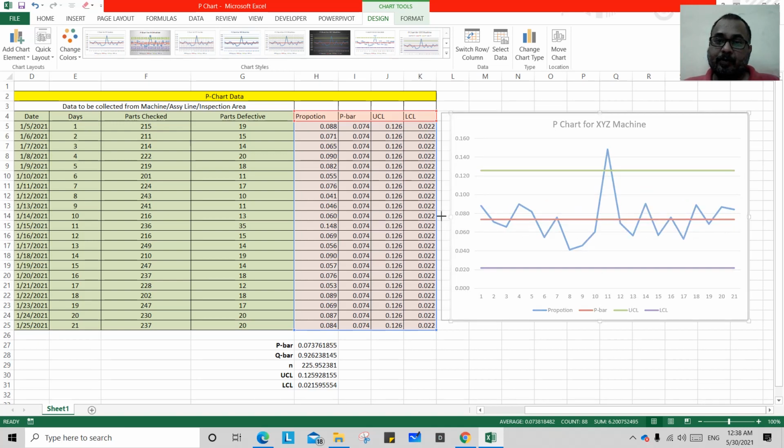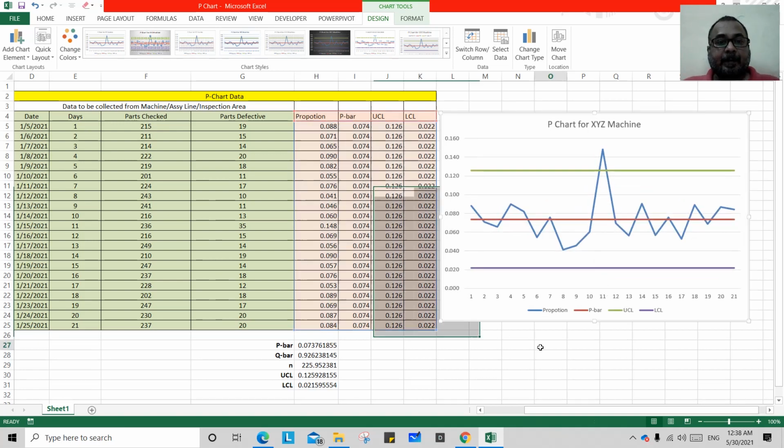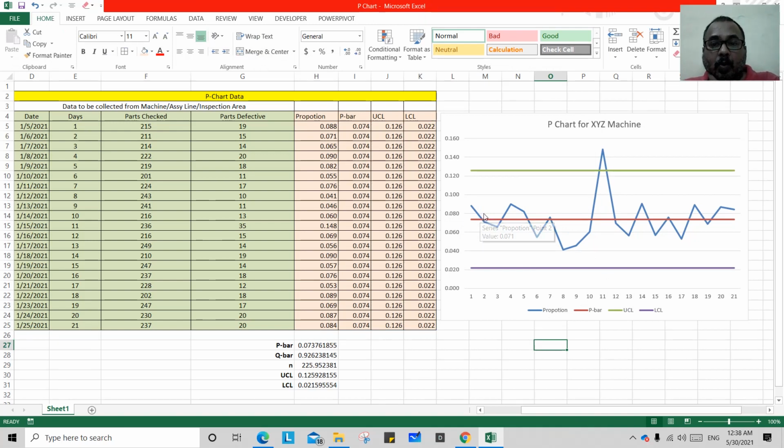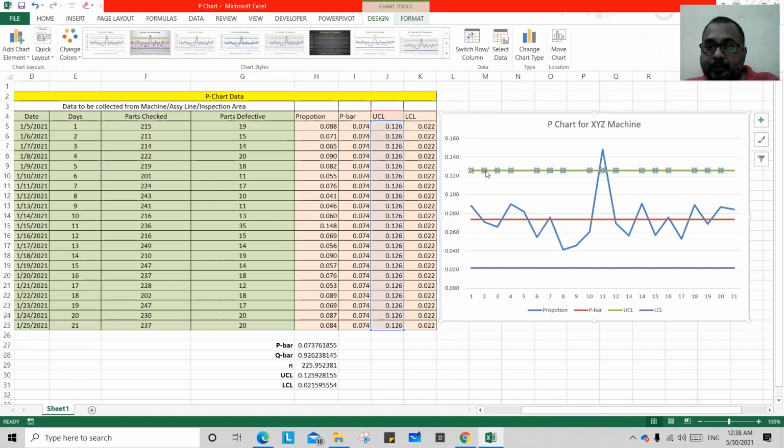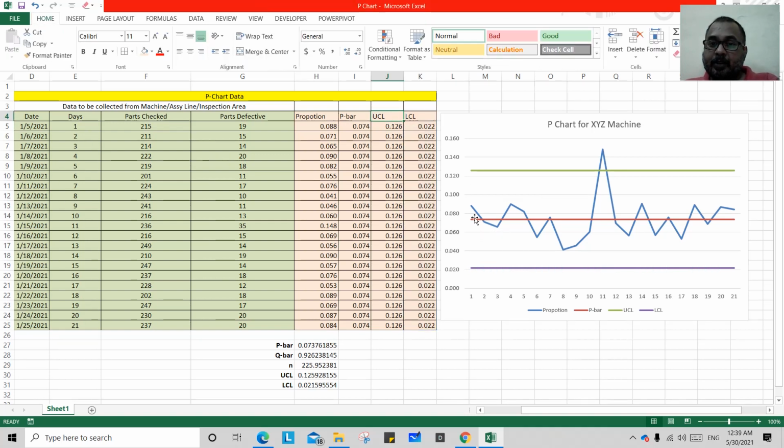Now we need to interpret this. This is my UCL, this is my mean P bar, and this is my LCL, the lower control limit. This is my upper control limit. I told you the upper control limit is the mean plus 3 sigma.